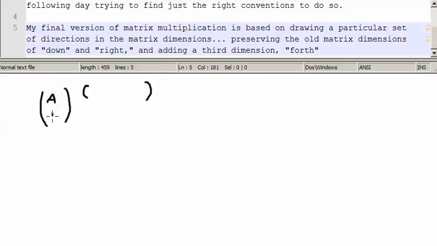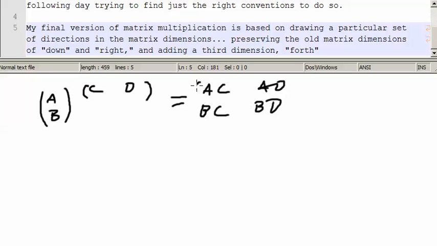So (A, B) times (C, D) would be equal to AC, AD, BC, and BD. And then also adding a third dimension, fourth.